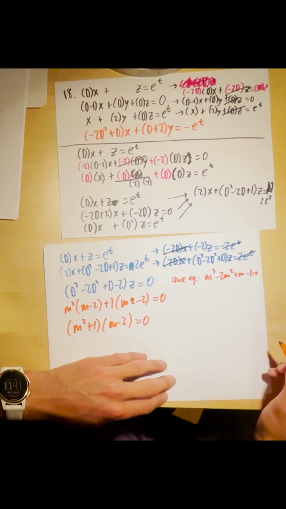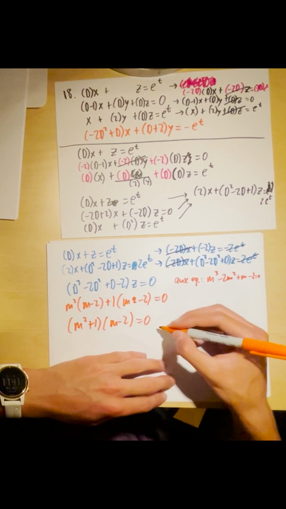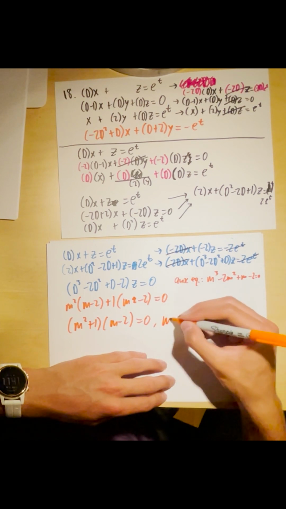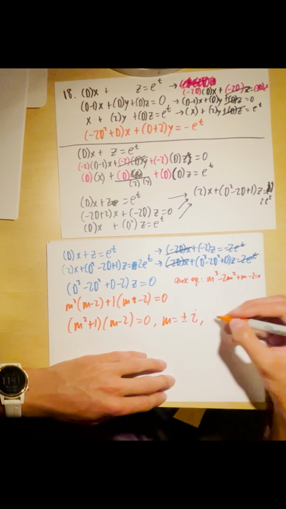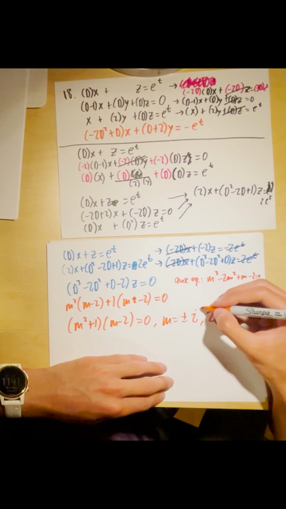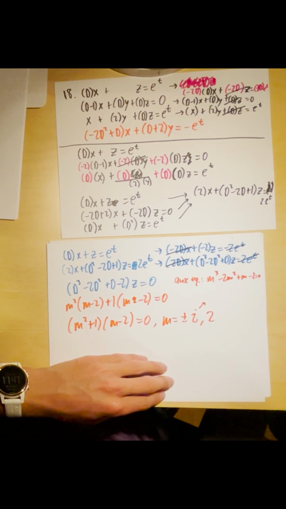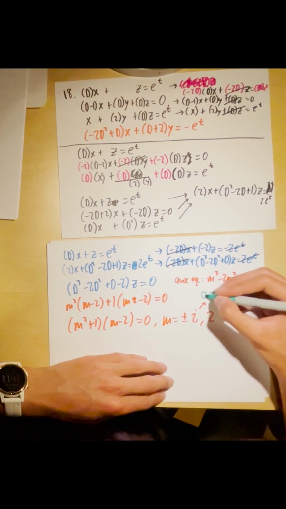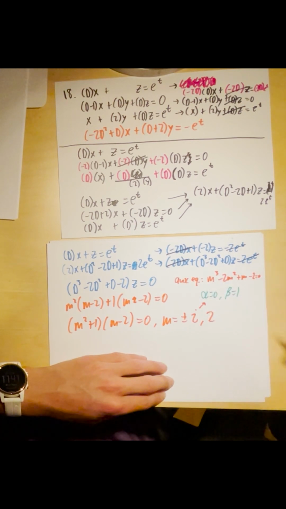Now we can solve for m's here. From this we're going to get m equals plus or minus i, and m equals 2. So since we have plus or minus i, we get alpha equals 0 and beta equals 1.